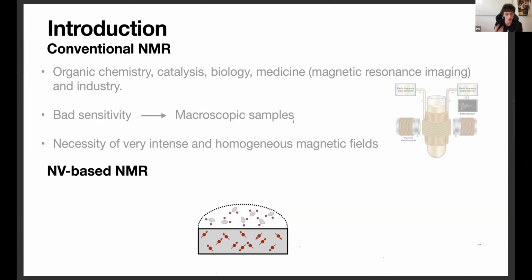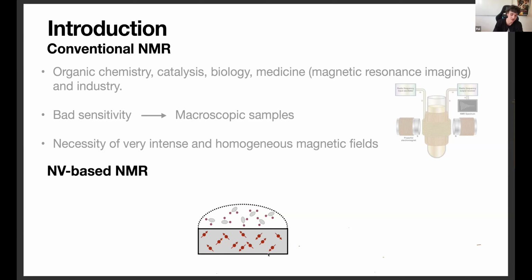And if you have a lot of them, as this scheme depicts, you can have a lot of them stacked together. And effectively, it can be demonstrated that you can measure anything that is placed exactly on top of the diamond surface.